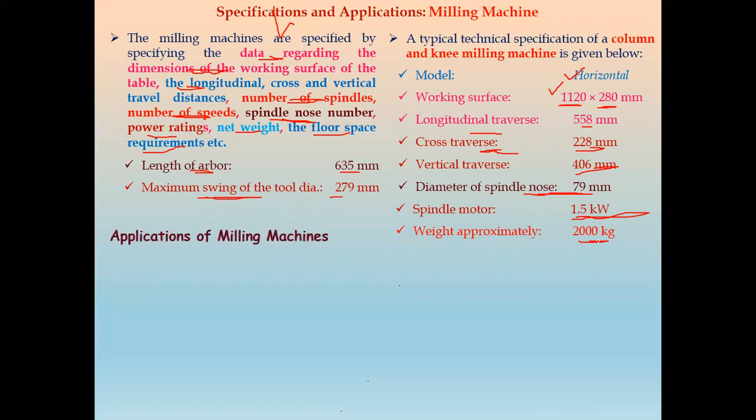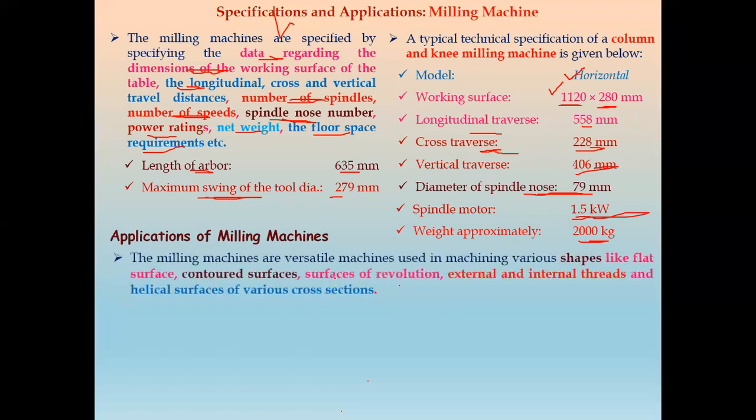So we'll see the applications of milling machines. As the milling machine consists of horizontal milling machine as well as vertical milling machine, we'll see the applications. The first application is that milling machines are versatile machines that are used for machining various shapes.